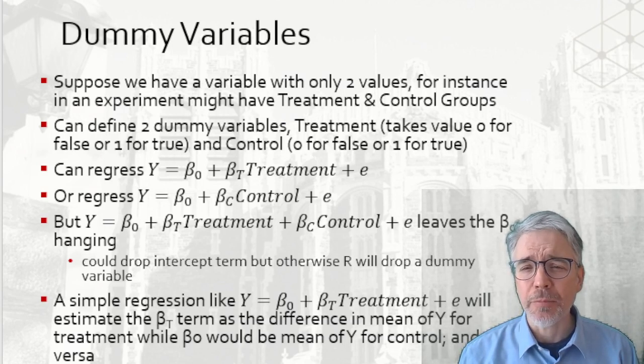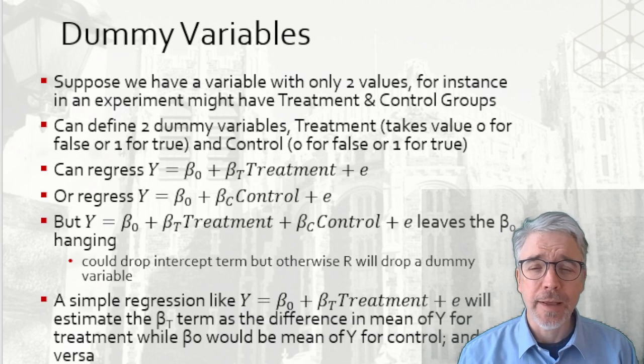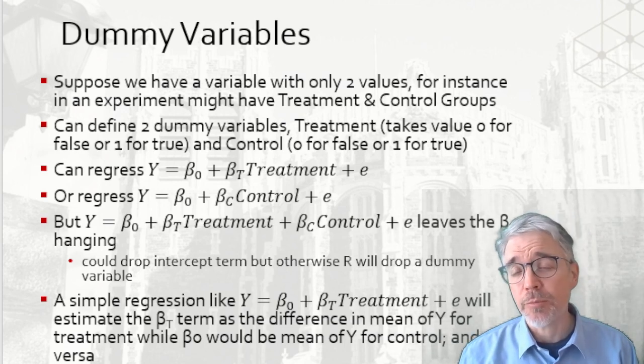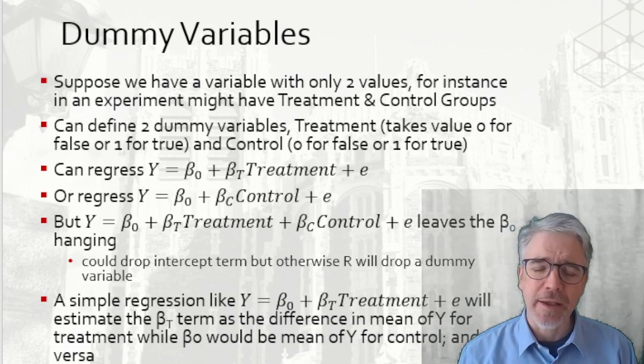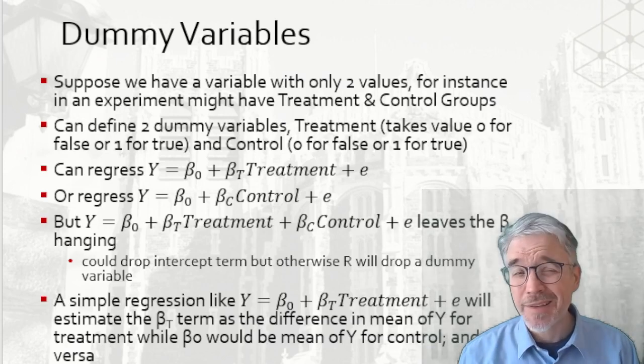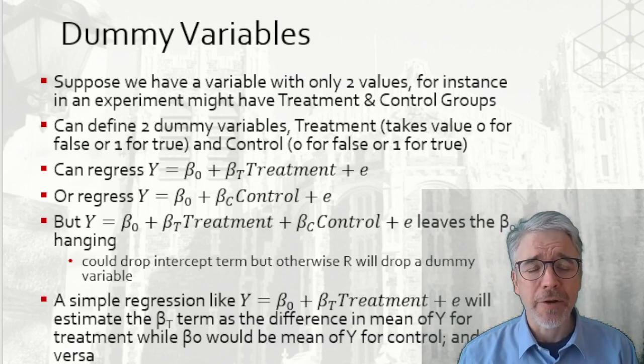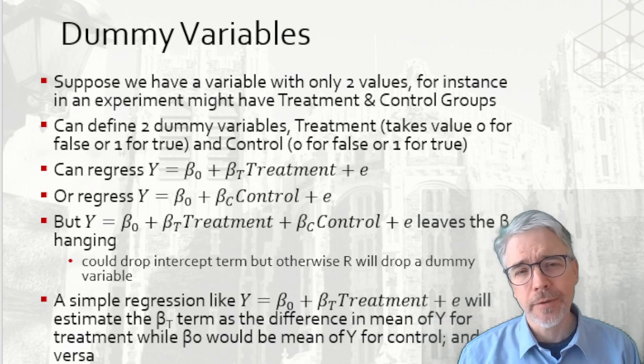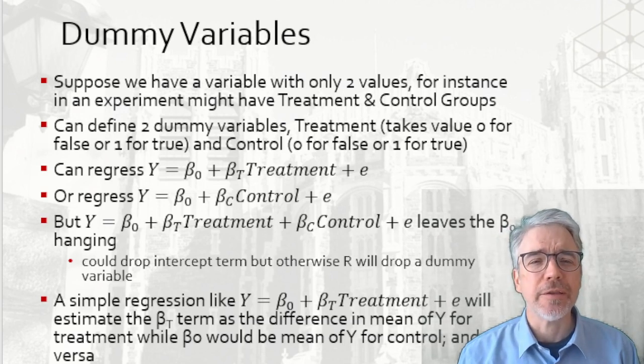So essentially either I can compare the people in the treatment group versus the generic, i.e. the control group, or I can compare the people in the control group against the generic, i.e. the treatment group. So it doesn't really matter which one I choose, as long as I remember which one that is.